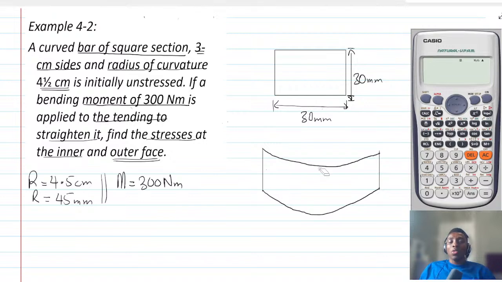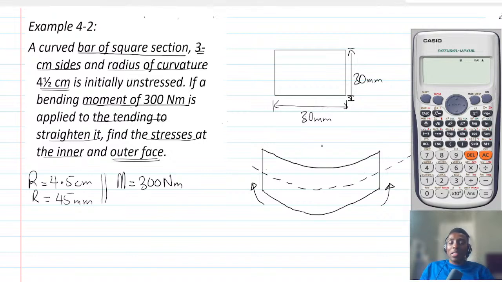Initially your beam was straight, but due to the application of some bending moment, it turned into that slope. Then there is a neutral axis which is going to form.